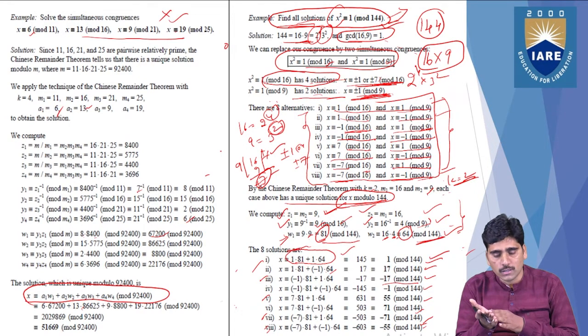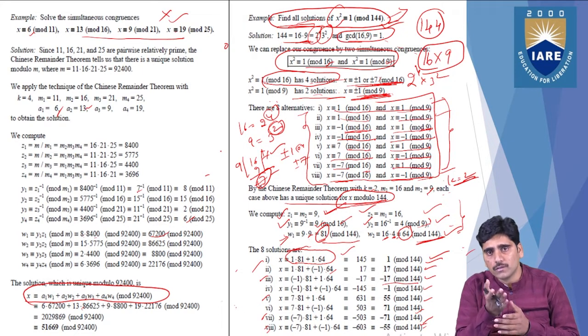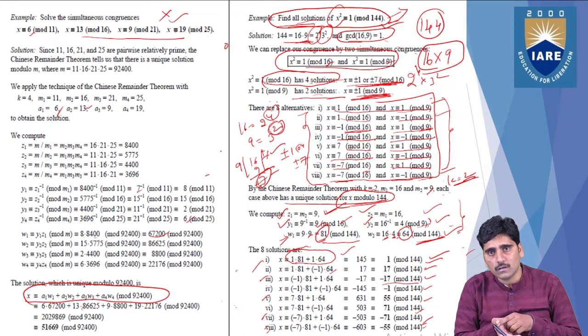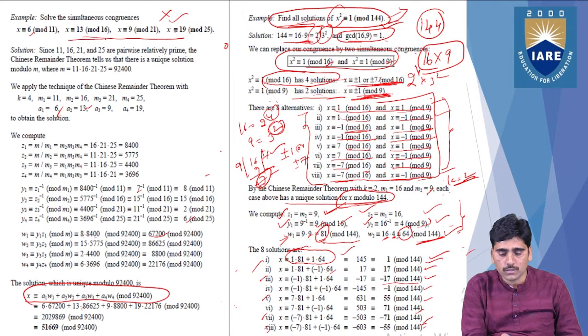After finding the z1, y1, w1 values, the unique solution is x equals a1 w1 plus a2 w2 plus a3 w3 plus a4 w4. In that formula you can substitute all the obtained values. Then you can say it has a unique solution for these congruences.